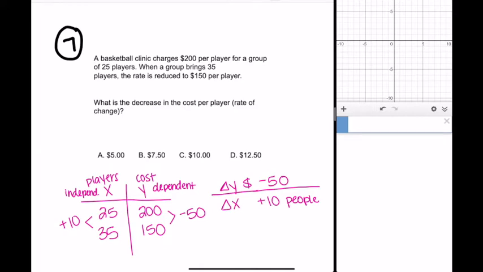Well, negative 50 over 10 we can simplify. Both of these are divisible by 10. So if we simplify that, that would give us negative 5 over 1. So negative 5 what? Remember, y was the cost, so it went down $5 per person. So the decrease in the cost was $5 per person.